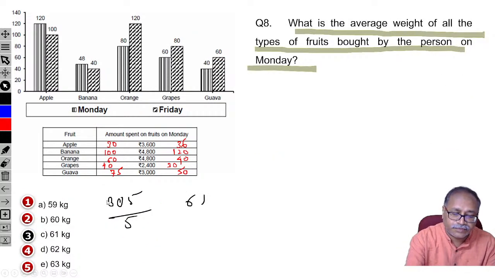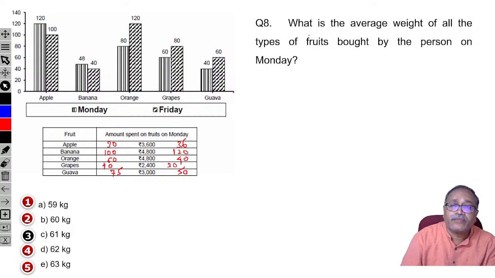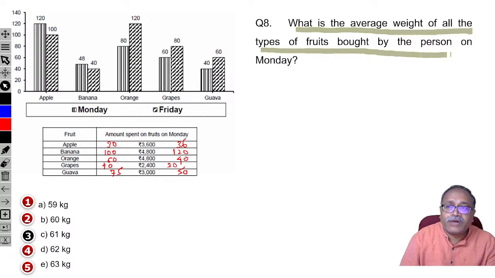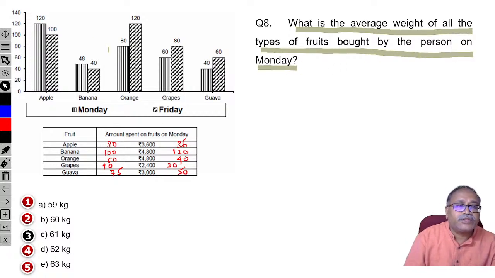And what is it? What is the average weight of all the types of fruits bought by a person on Monday? So this is what we know: the total expenditure is 3600.